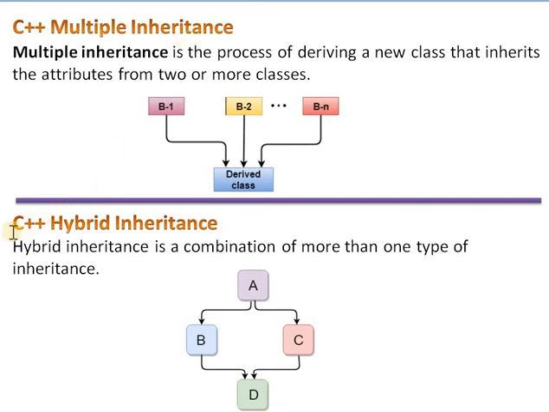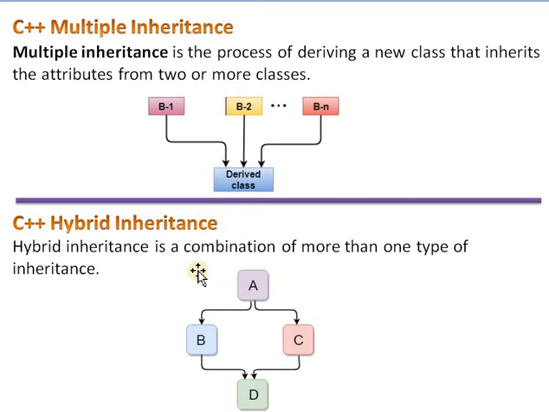Next type of inheritance is the hybrid inheritance. The hybrid inheritance is a combination of more than one type of inheritance. Hybrid means combination.